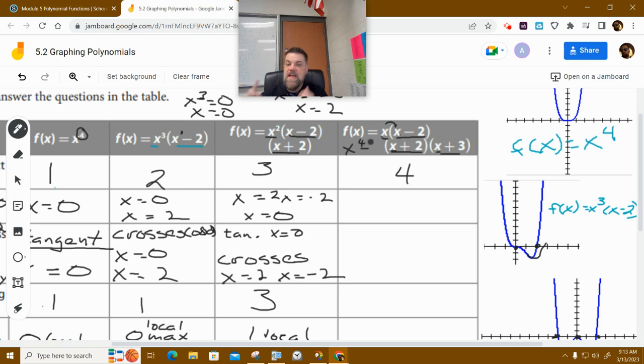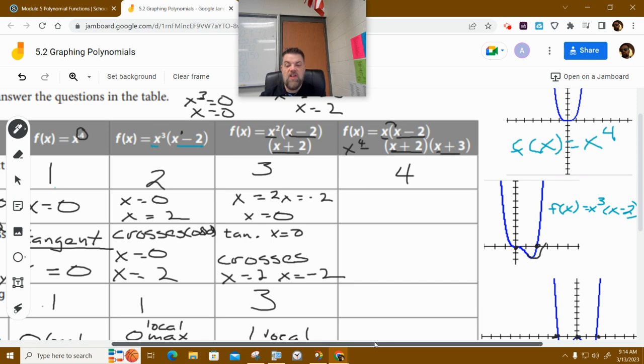It'd just be kind of a U. Now, the only thing that's different is because we have four distinct factors, in the middle it might look kind of like a W. In the middle, it might do some wonky stuff. Okay? But it is going to come in from the top and go out the top. So it'll be kind of a U, it might be like a W. Depending on the degree, it might be like a really crazy spring in the middle. You know, it might just oscillate.